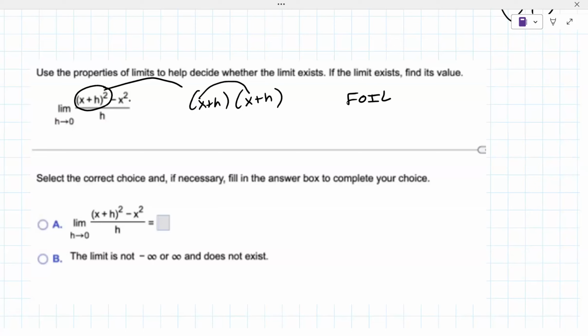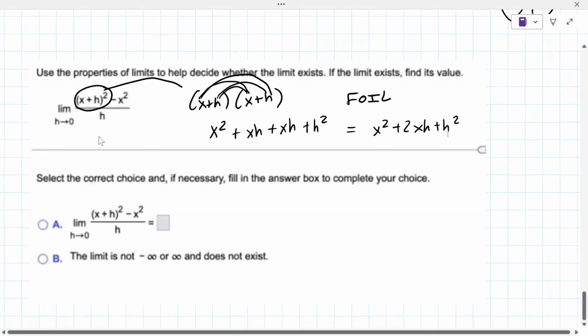So x times x is x squared, x times h is xh, h times x is also xh, h times h is h squared. This simplifies to x squared plus 2xh plus h squared. So if you had a note card, if you're allowed a reference sheet, which I don't think you are in this class, you might consider putting that down there so you don't have to redo it each time.